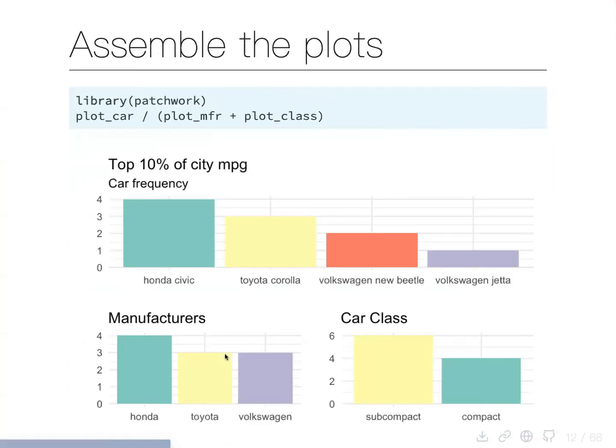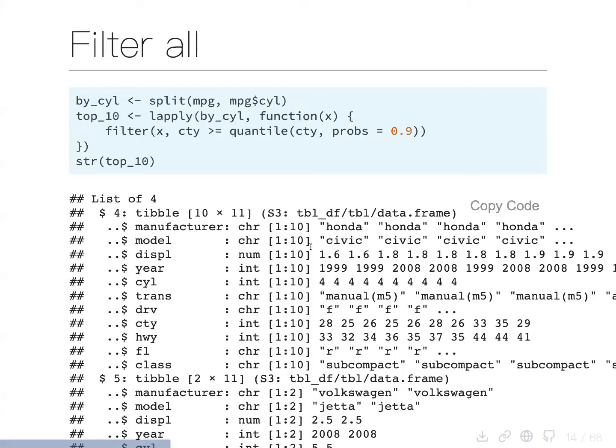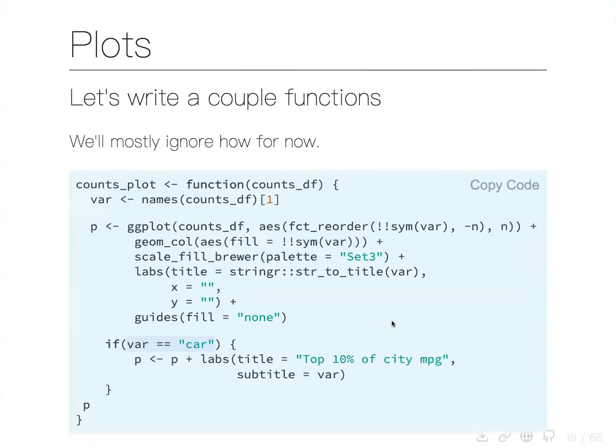And that's because if we go back here, we have this title. You can do this through patchwork instead, but this is not how I did it. That top 10% city MPG came from this actual plot rather than an overall title for the patchwork plot. So that's all I'm doing here: if the var is equal to car, then add this label onto it. Otherwise, it's just this, which is basically the count thing.